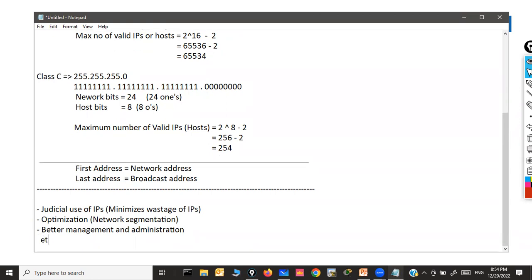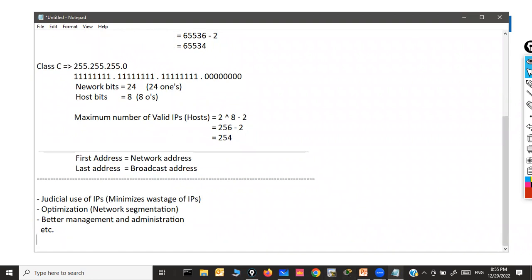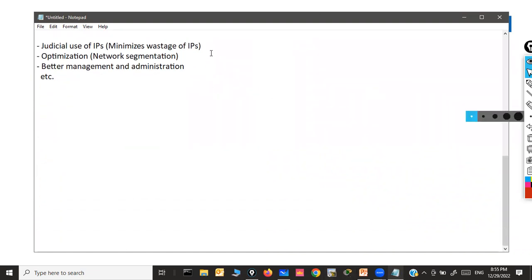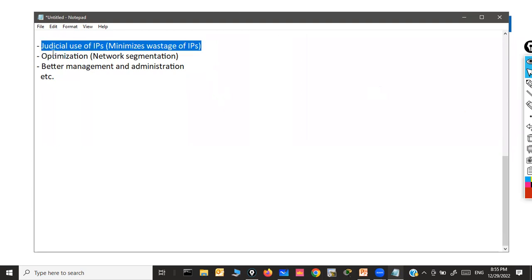Because the first point, judicial use of IPs, meaning it minimizes wastage of IPs, is more relevant in the case of public IPs, right?